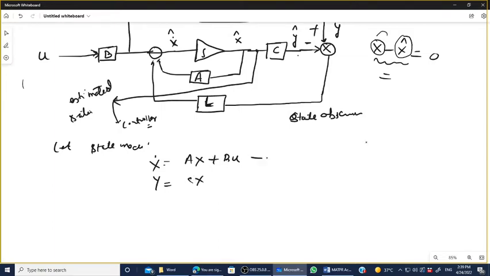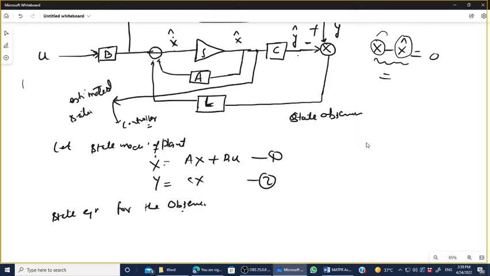This is equation number 1, and this is equation number 2. This is the plant model, the state model of the plant, and the state equation for the observer.